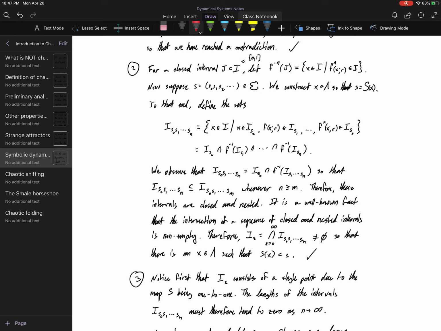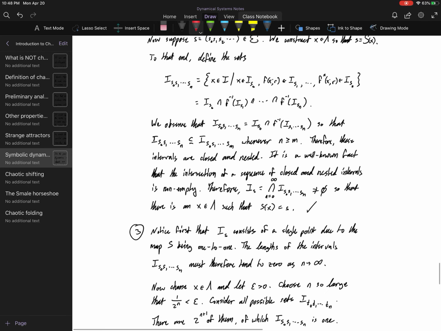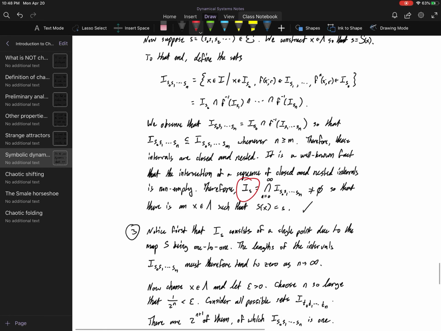So it is a well-known fact that the intersection of a sequence of closed nested intervals is non-empty. So we're not restricting ourselves out of a set here. There's always going to be something in that limiting term. And this is what I'm going to deem as I sub s. I sub s is going to be the limiting object, and that limiting object is non-empty.